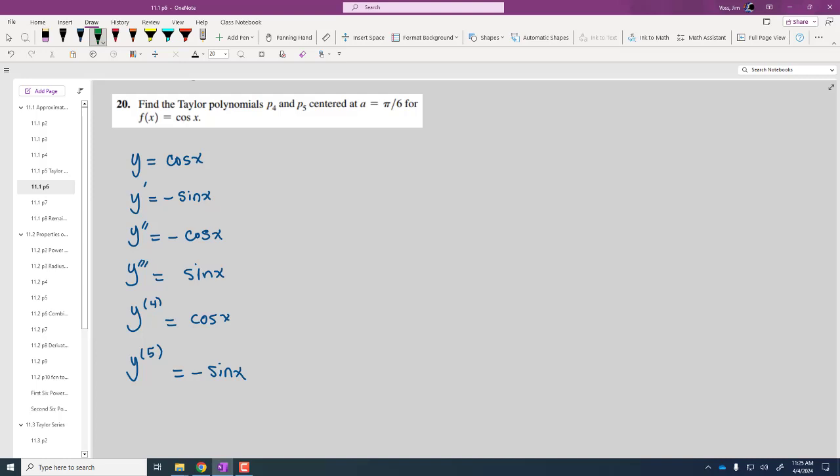Pi over 3 is... Pi over 6. Which is root 3 over 2. Don't be in degrees. Any questions on the derivatives?